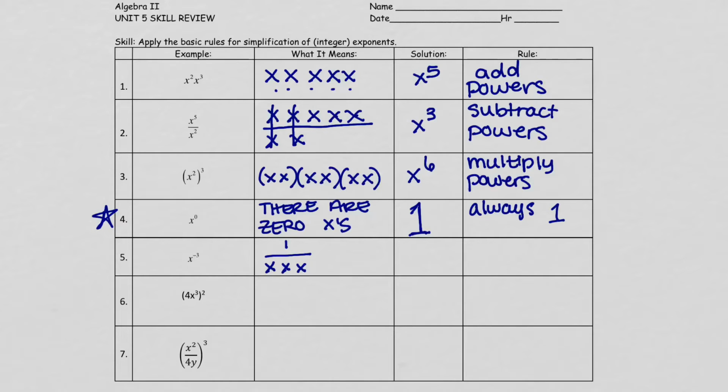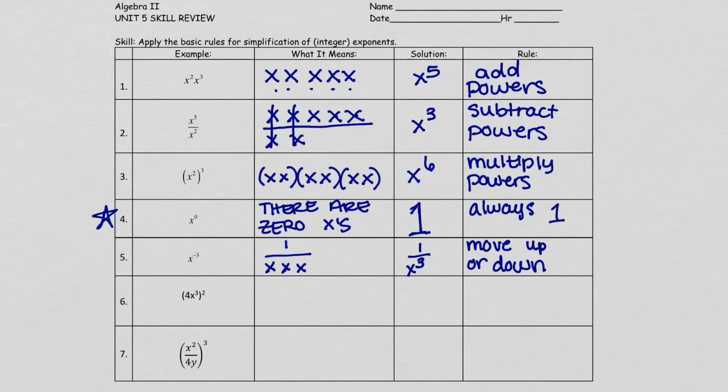If it had been in the denominator already, we would have moved it to the numerator. So let's go ahead and write how that looks written without a negative exponent. It's 1 over x to the third. And our rule for that is you're always going to move a negative exponent up or down. So wherever it is, you're going to move it to the other side.